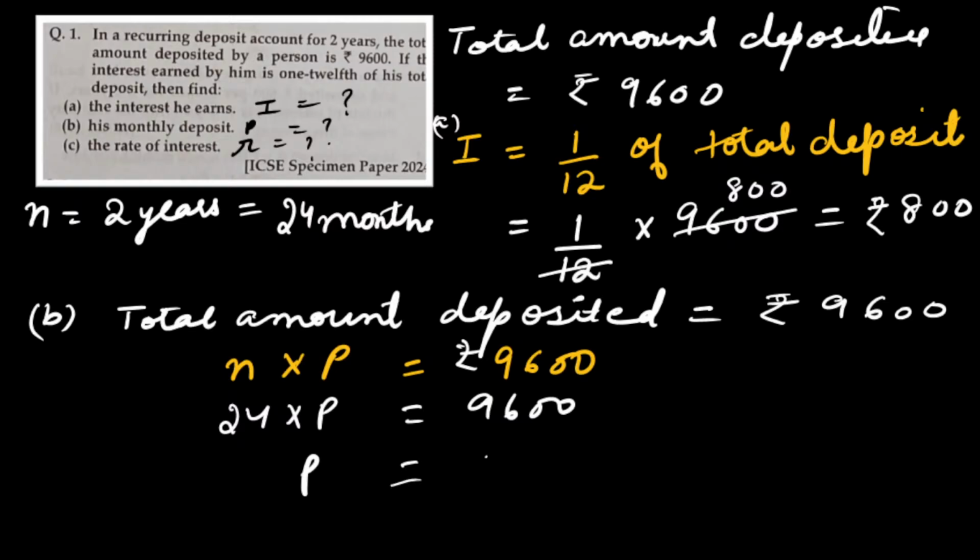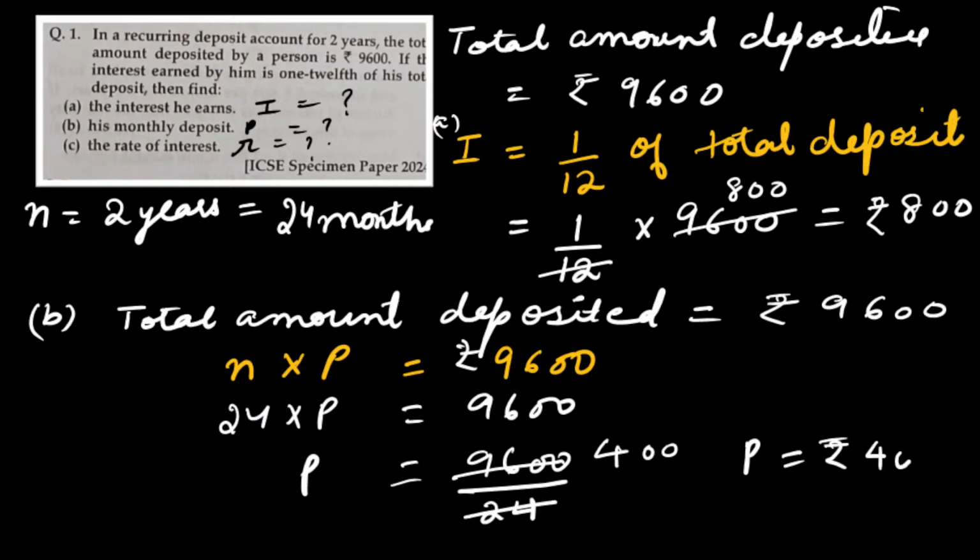So P is equal to 9,600 divided by 24. We can do cancellation here. Nikita and Navish have found the answer, 400. Directly, 24 into 4 is 96, or else you can do cancellation on smaller tables also. So from here we found the value of P as rupees 400.